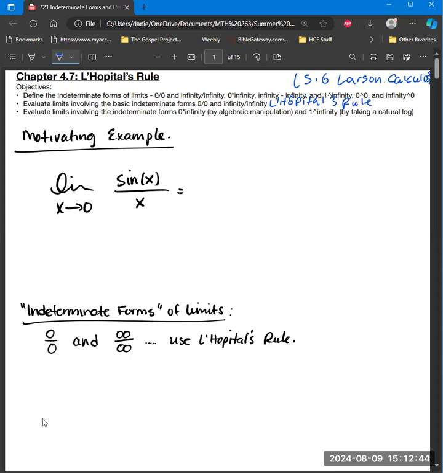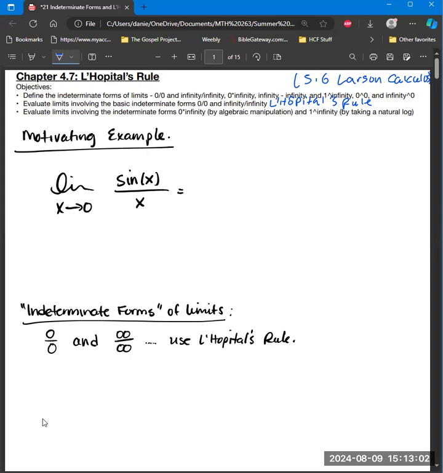And we're going to evaluate limits involving the indeterminate forms of 0 times infinity by algebraic manipulation, and 1 to the infinity by taking the natural log. So let's go ahead and get started.